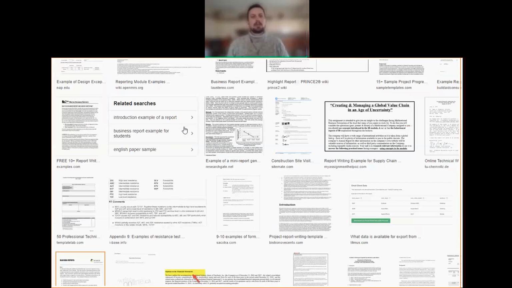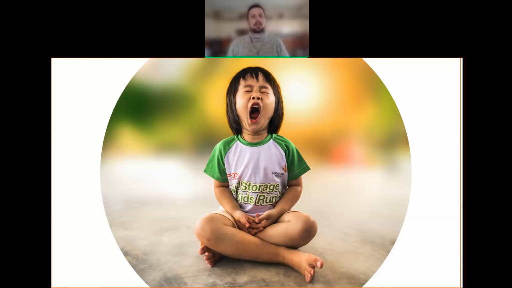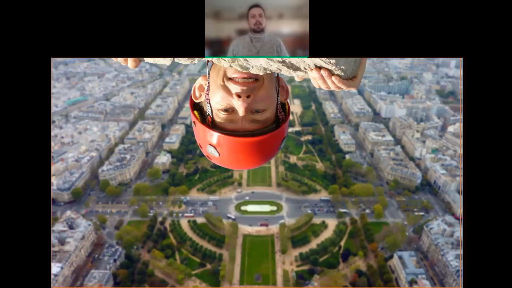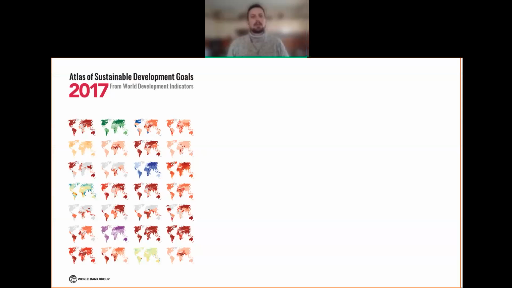And so this is not very exciting, and we wanted to make a product a little bit different than that. So the typical report is basically based on this idea of having a lot of text, and the text comes first and the visuals come second. And what we decided with the Atlas of Sustainable Development Goals is basically to turn that idea on its head and really to focus on the visuals first.